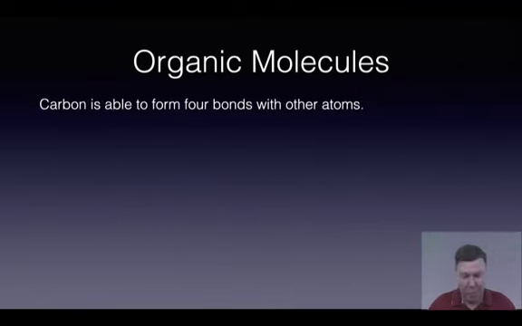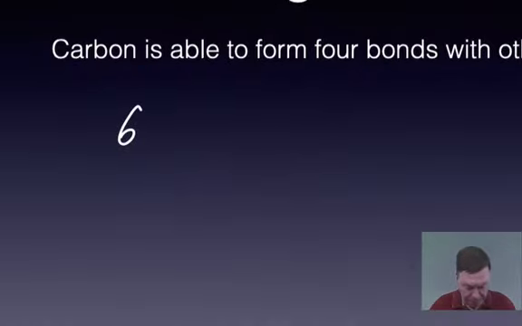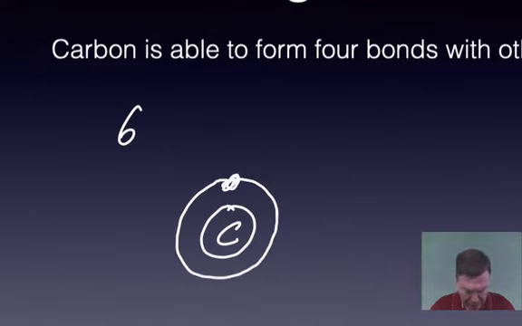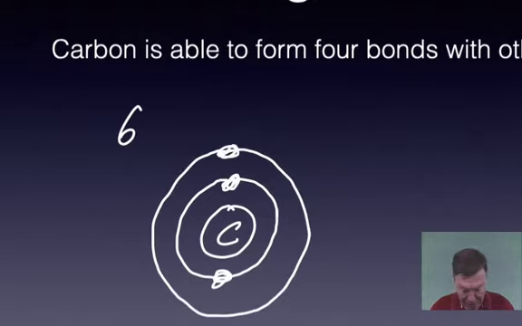Carbon is able to form 4 bonds with other atoms. Its atomic number is 6. When we look at a carbon atom, it has the nucleus, which I'm not going to put all the protons and neutrons in, but then the innermost ring has 2 electrons, like we talked about. And in the second ring, or the outermost ring, it has 4, a total of 6.